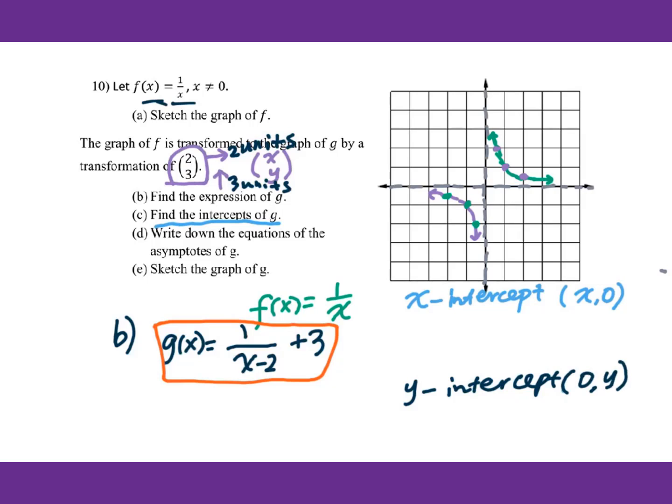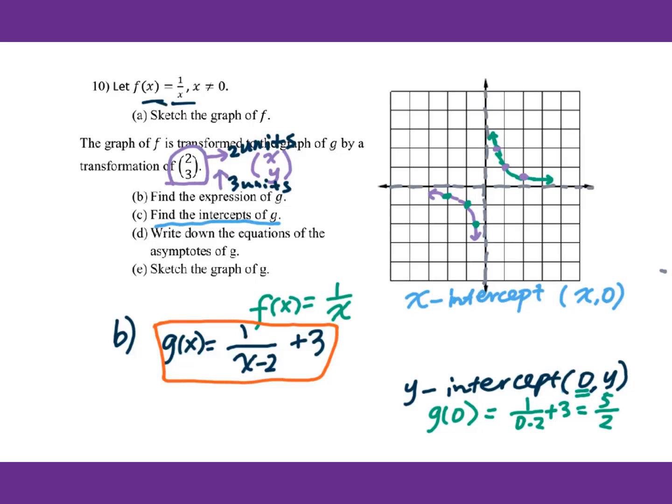Let's do the y-intercept first. For the y-intercept, x equals 0. So we plug 0 into this g function. You get 1 over 0 minus 2 plus 3. So we figure out the answer is 5 over 2.